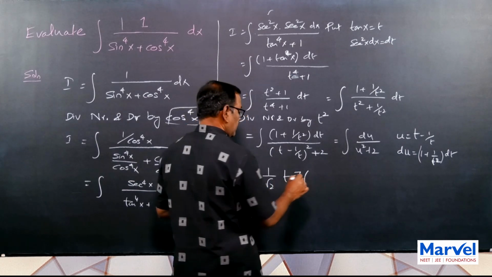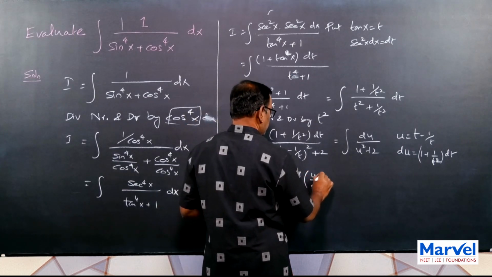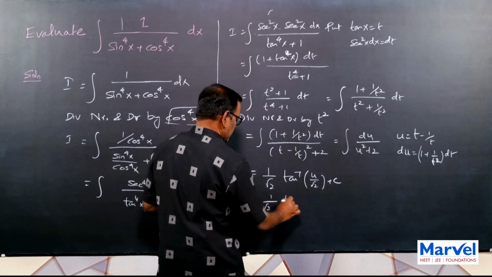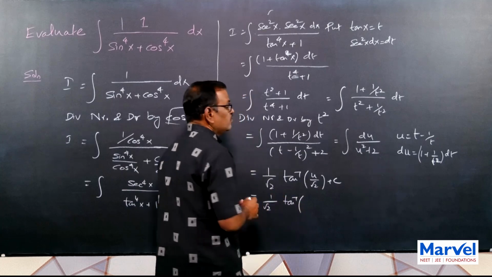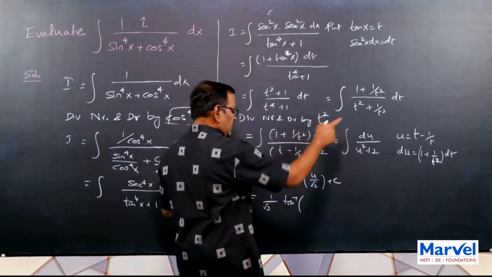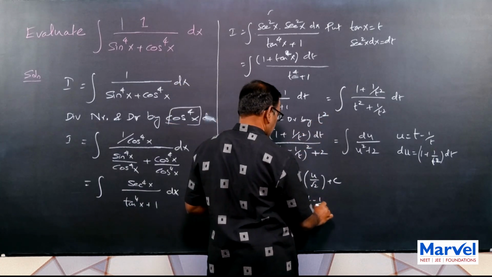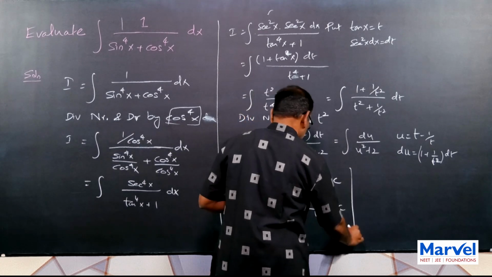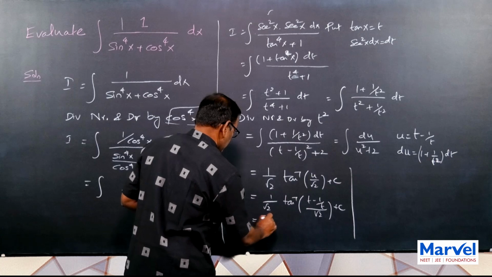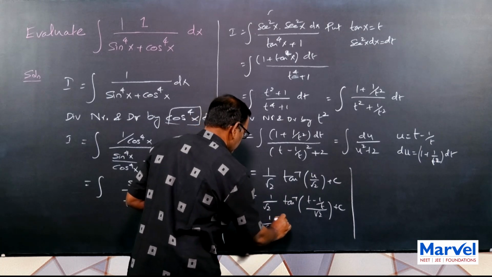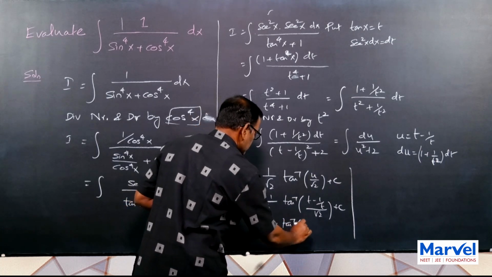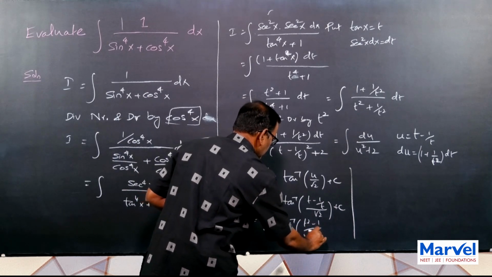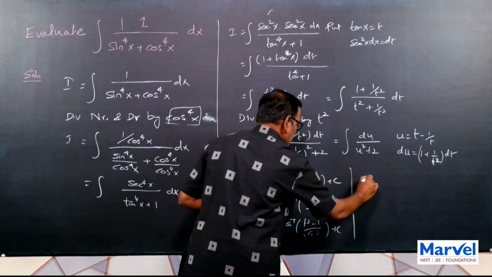What is x by a? u by root 2, plus c, which is equal to 1 by root 2 tan inverse of u. What is u equal to? t minus 1 by t, into root 2, plus c, which is equal to 1 by root 2 tan inverse of t square minus 1 by root 2 t plus c.